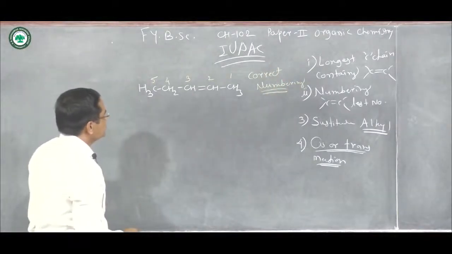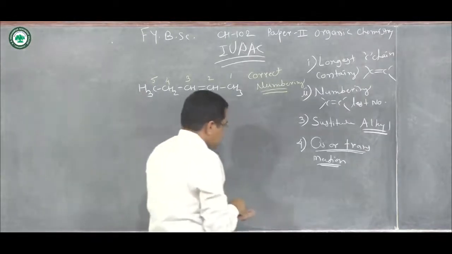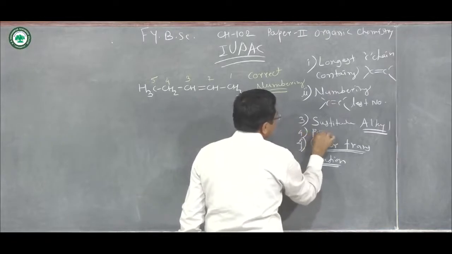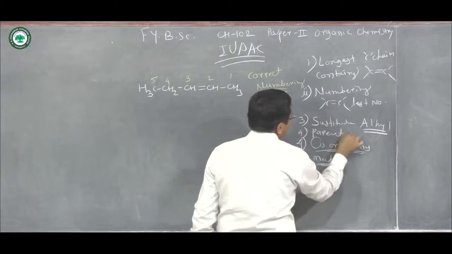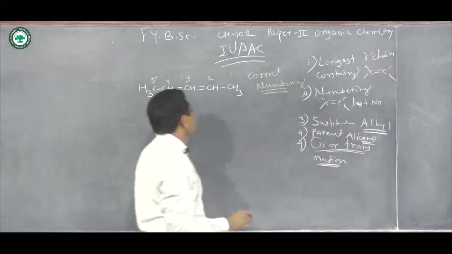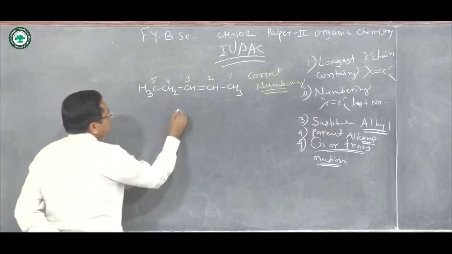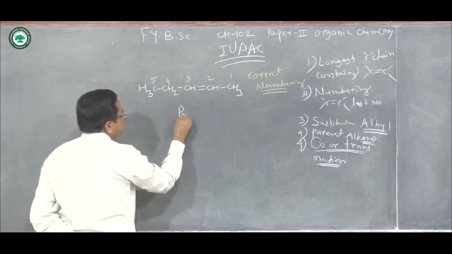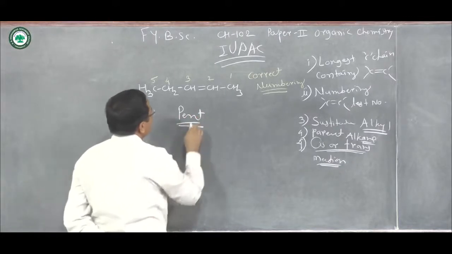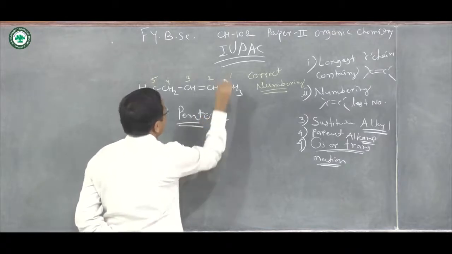And then substitution. In this case also there is no substitution. Then here actually find out the parent alkane. Now here there are 5 carbon atoms, so this is pent, and double bond is present, so pentene.